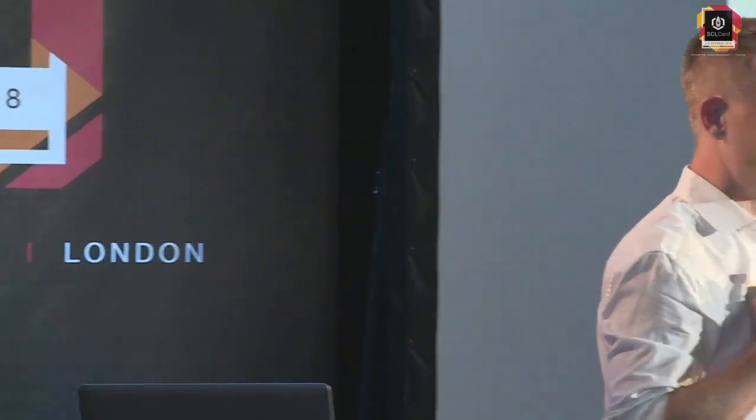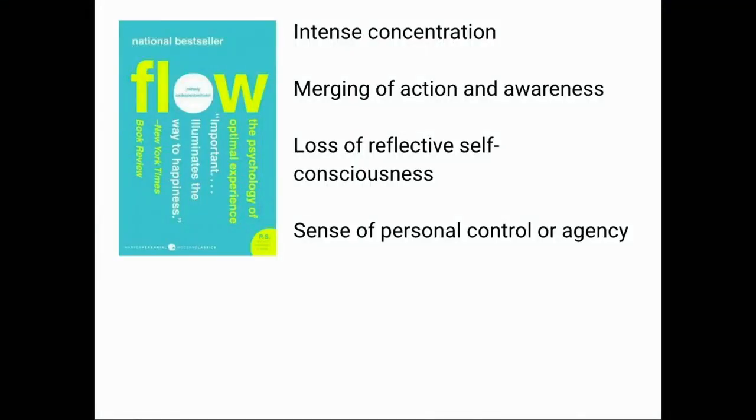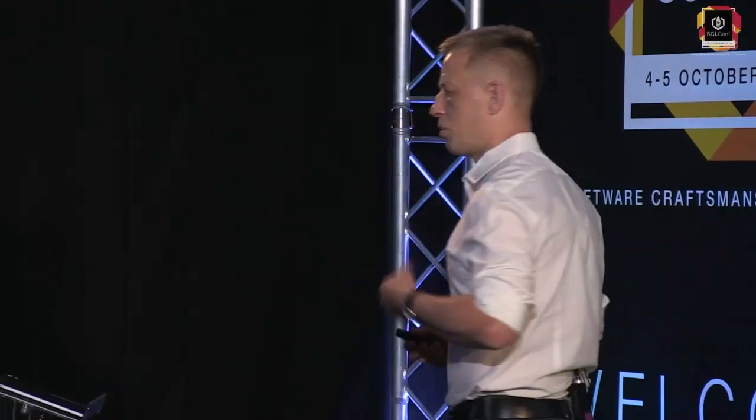Another thing that happens is that you get this sense of personal control or agency over the situation or the activity that you're doing. And there's many things. You lose track of time. Have you experienced that? You're just working and you're like, oh, it's 6 o'clock, right? And you got into this state maybe 4 hours ago and you just didn't notice.